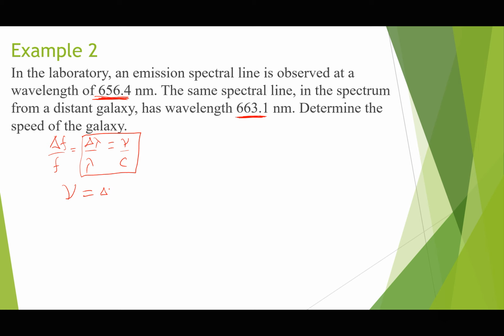V is going to be equal to delta lambda divided by lambda times C. So this is going to be 663.1 minus 656.4, divided by the wavelength in the laboratory, the known wavelength, 656.4. Then I'll multiply this by the speed of light, 3 times 10 to the power of 8. Of course, I know that the units nanometers will cancel out, that's why I'm not bothered with them. So I'll just check my calculator.